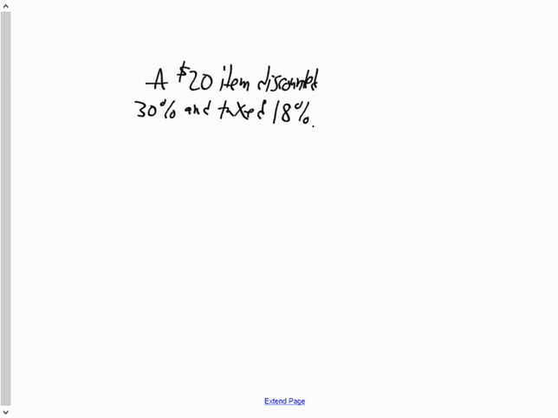Your next question says a $20 item is discounted 30%, then taxed 18%. There's many ways to do it. I'm going to show you creating the mathematical statement that represents this whole sentence. If you discount something by 30%, you will only be paying for 70% of the $20. So I'm going to put brackets around it. That's the discounted price.